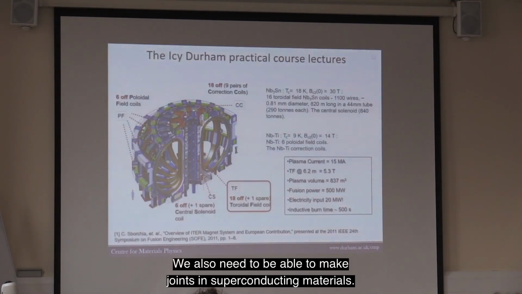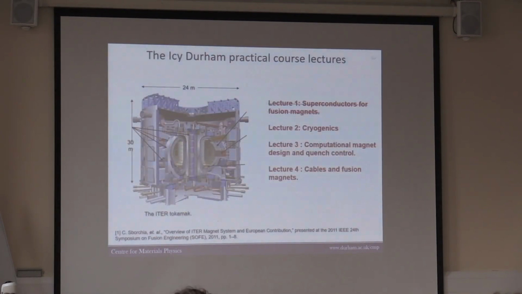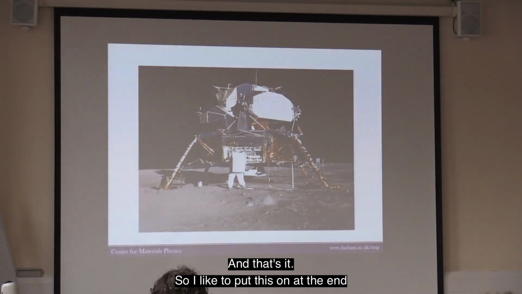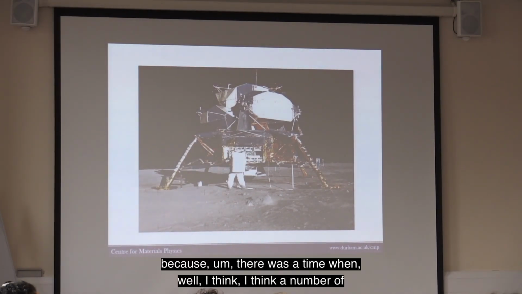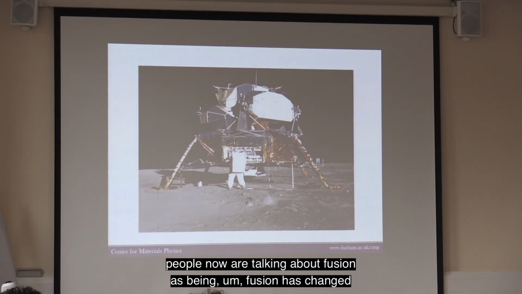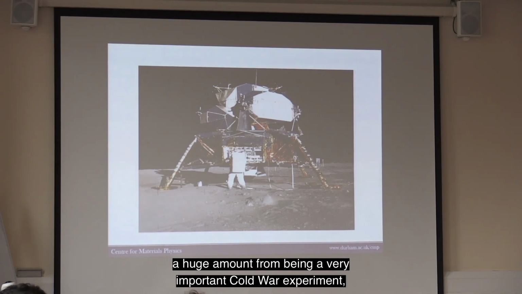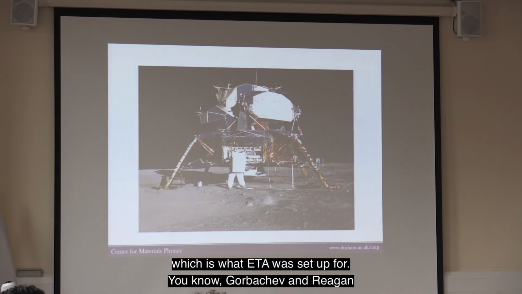We also need to be able to make joints in superconducting materials, and that's it. I like to put this on at the end because fusion has changed a huge amount from being a very important Cold War experiment, which is what ITER was set up for.